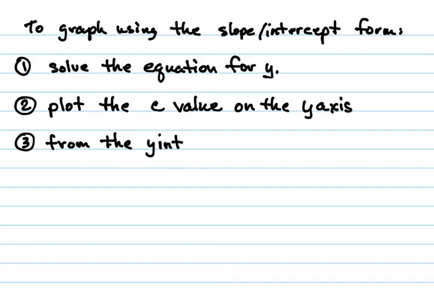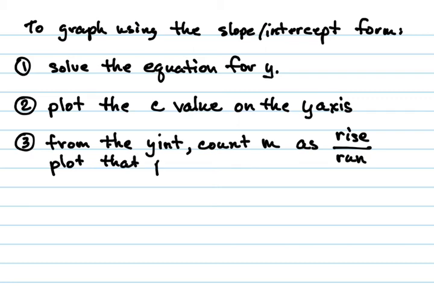From the y-intercept, count m as rise over run. Okay, and plot that point wherever you land. So let's say it's 2, then that means 2 over 1. So you're going to go up 2 units and then to the right 1 unit.